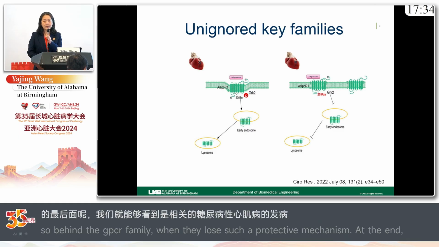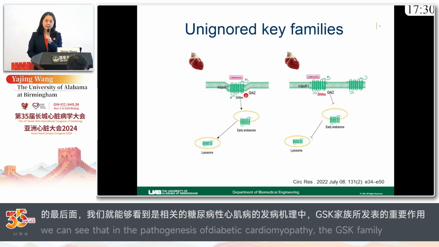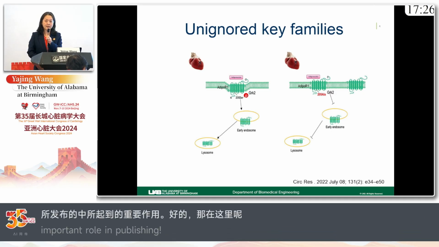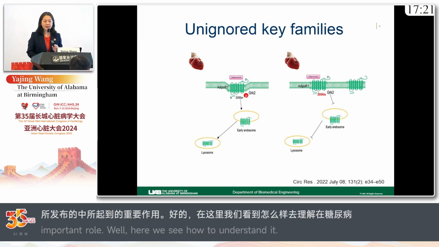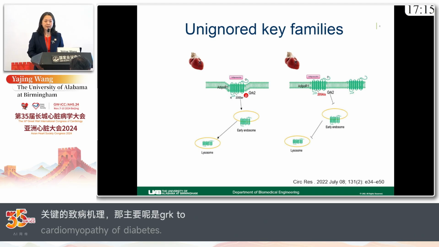My research focuses on understanding the key mechanisms in diabetic cardiomyopathy, and we found that GRK2 has a main function in the cardiomyocytes.